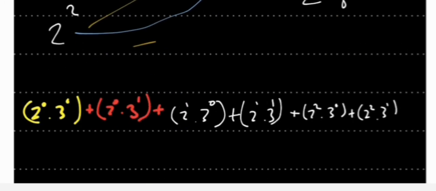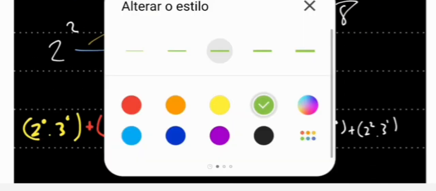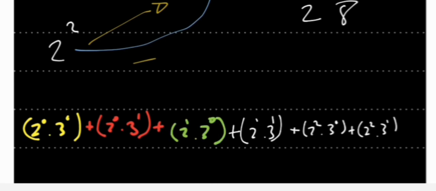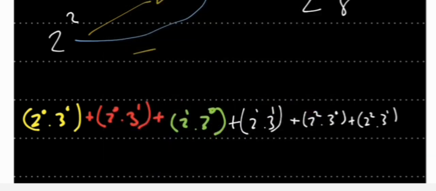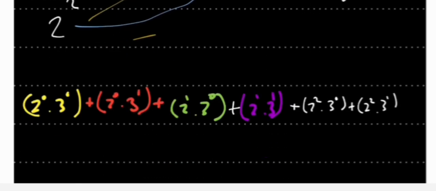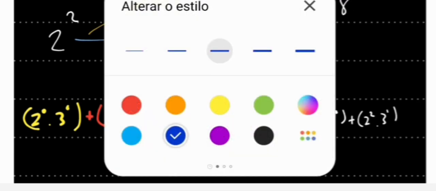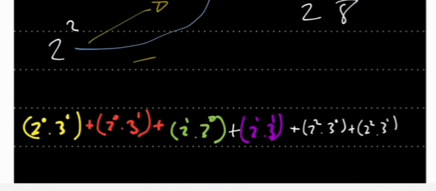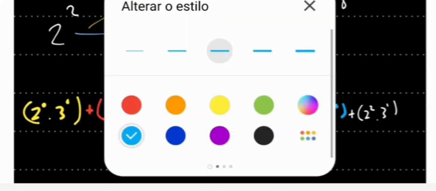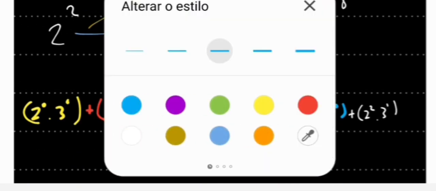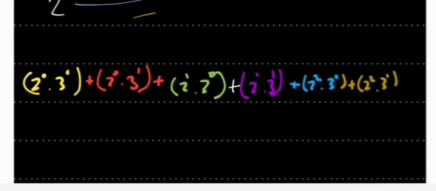Then a green one, which is 2 to the 1 multiplied by 3 to the 0. Then a purple one, 2 to the 1 multiplied by 3 to the 1, and then a blue one, 2 to the second multiplied by 3 to the 0. So these are our possibilities.